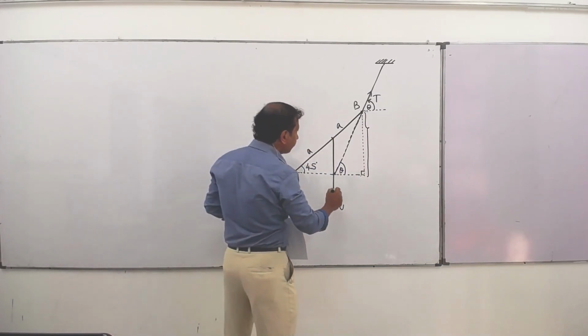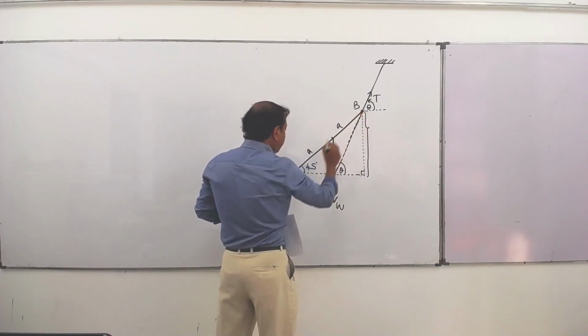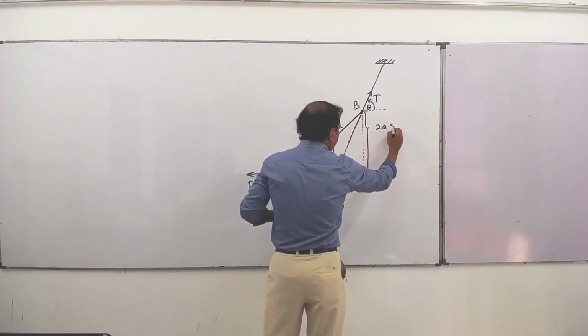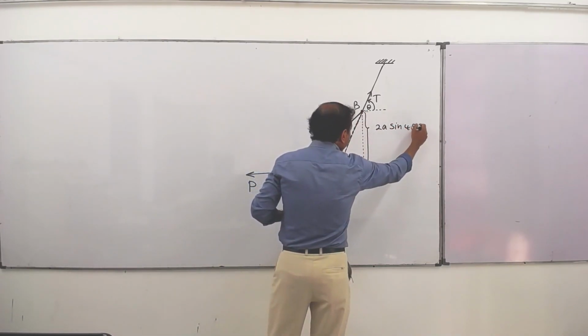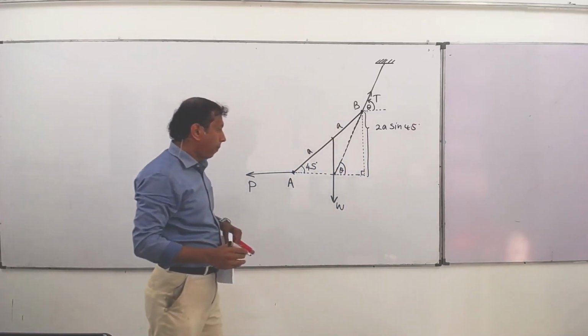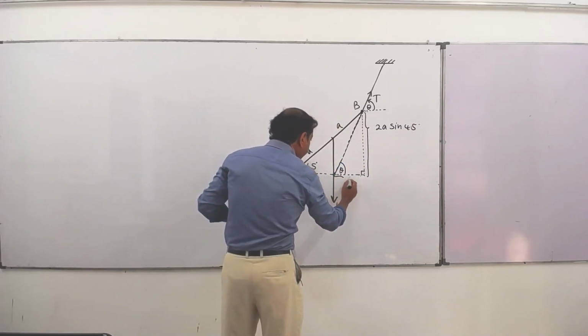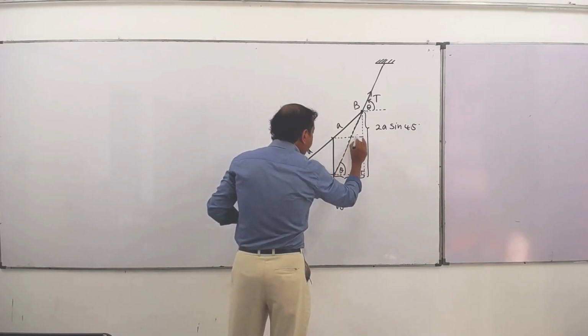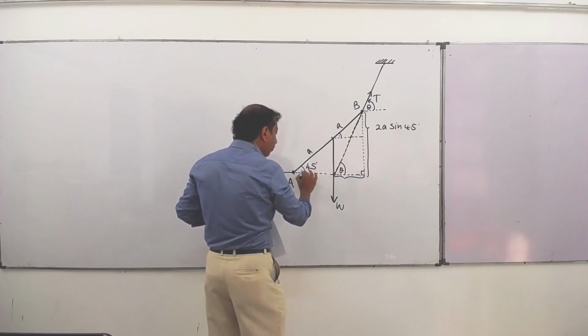From here to here is 2a, this is 45, then this is 2a sine 45. This length, if I draw a horizontal line here, this is 45 because this is 45.